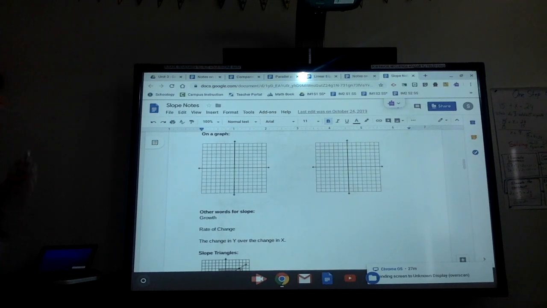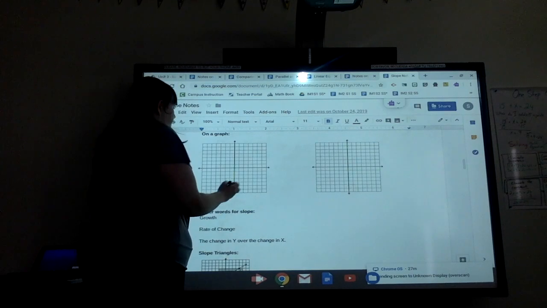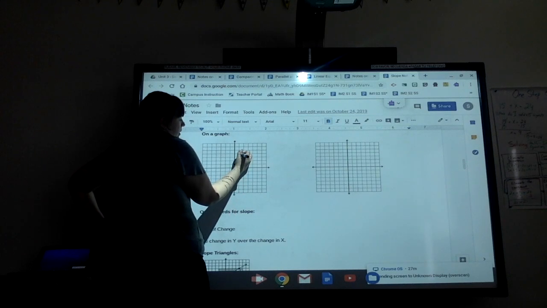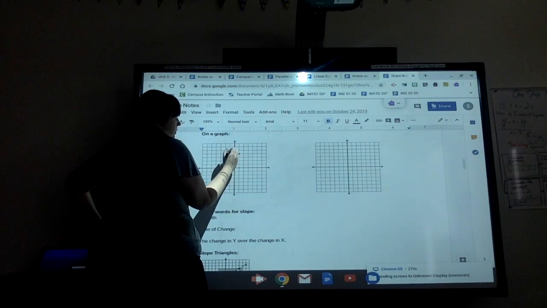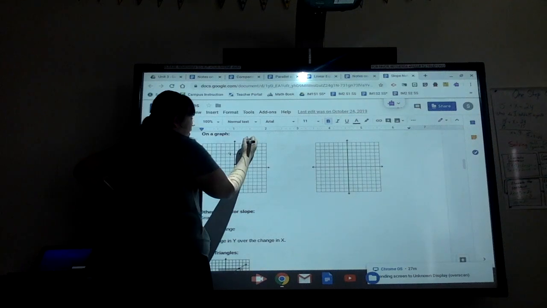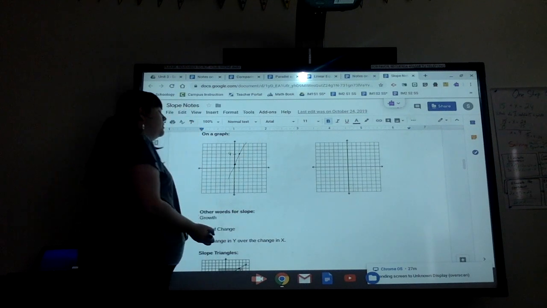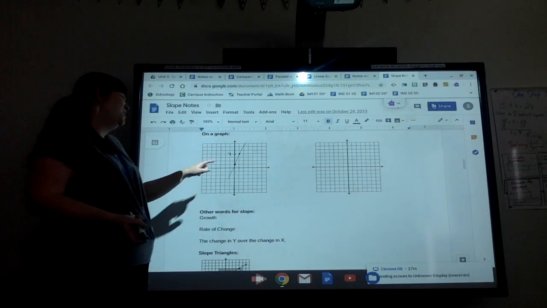Now on a graph. Let's put a point right here at 0, 1. My next point up here at 1, 4. If you look, I'll connect them, make a line. I'm trying to figure out my slope. I can pick any 2 points on my graph. I'm going to pick the 2 that I just put on there.